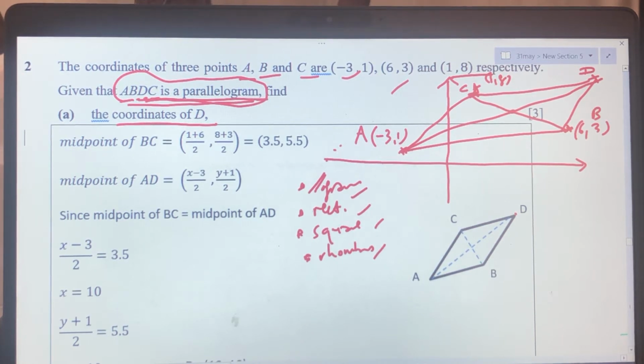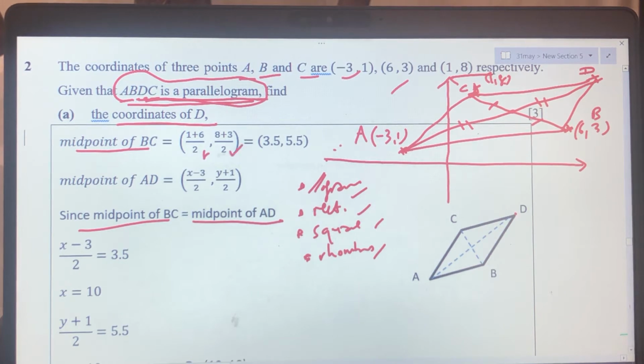That means the midpoint of BC is the same as the midpoint of AD. So if you use this concept, the midpoint of BC equals the midpoint of AD, then you find the midpoint of BC: this plus this divided by 2, this plus this divided by 2.